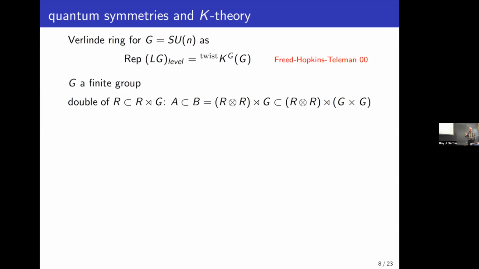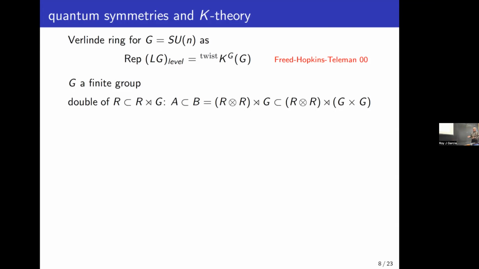Right. So if I want to take the double of this trivial inclusion over, say, the hyperfinite factor R in an action with G, then Izumi showed that the correct quantum double is just this inclusion here, where I take R tensor R and take the product action of G on G, and then the diagonal action of G and G cross G.